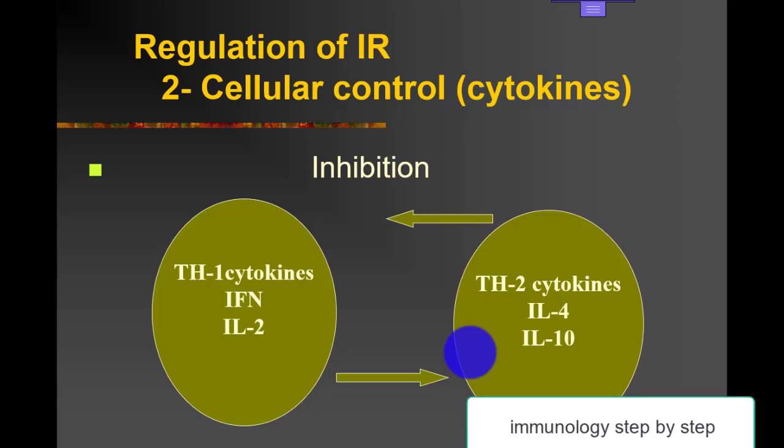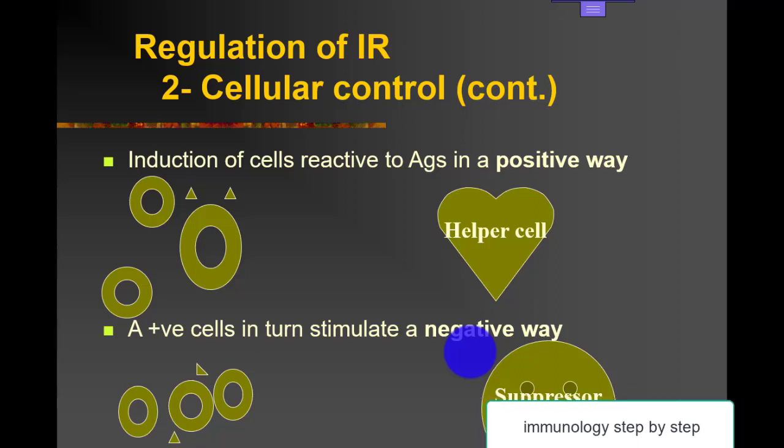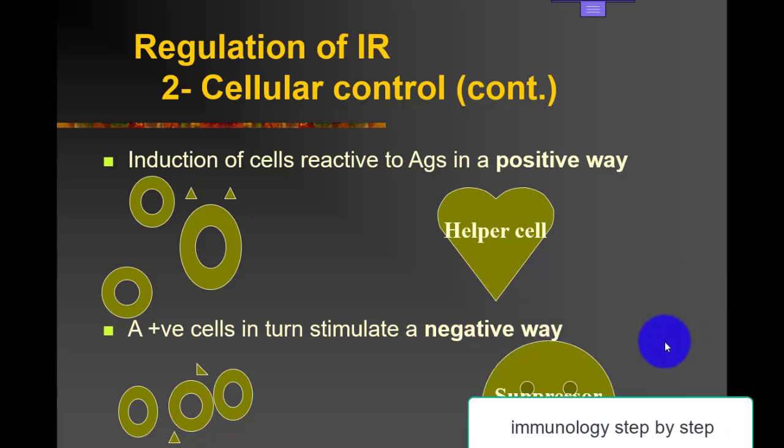The interaction between both of them, induction of cells reactive to antigen in a positive way. A positive cell in turn stimulates a negative way: suppressor cell, helper cell.